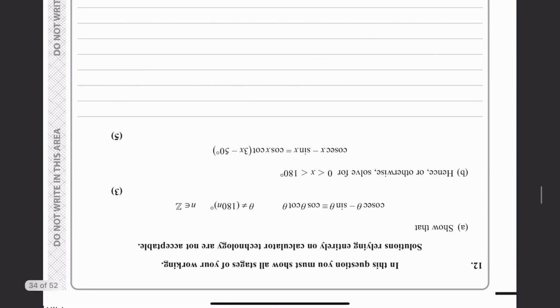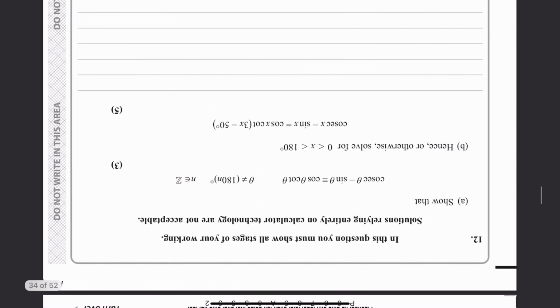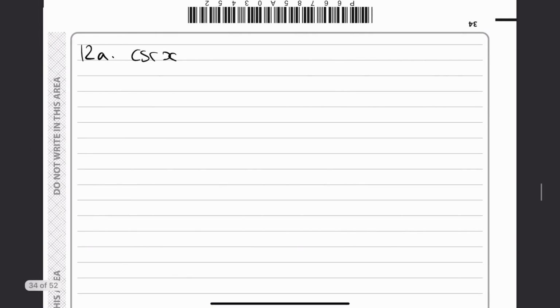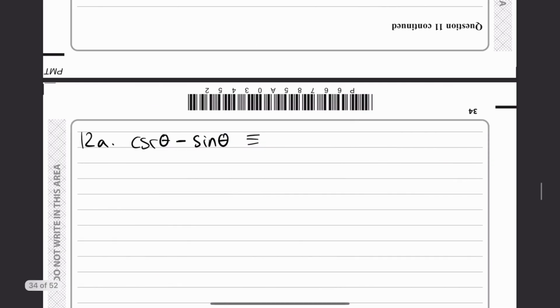Starting off, 12a. What have we got? Cosec theta minus sine of theta, and they're telling me it's identical to cos theta cotangent theta.